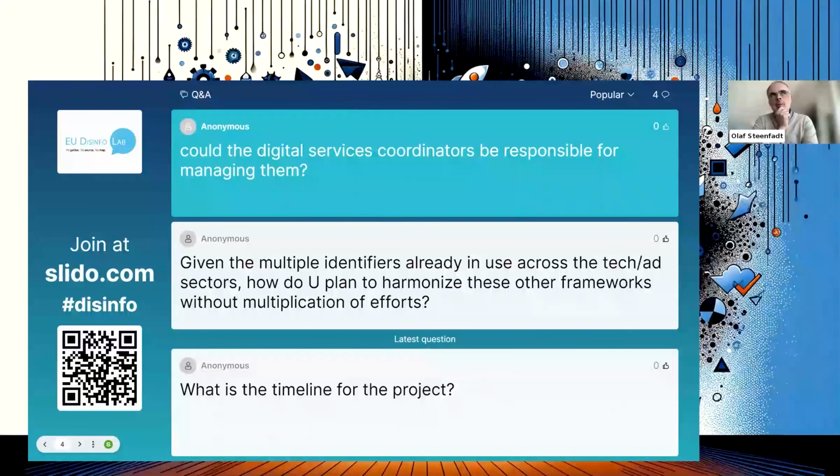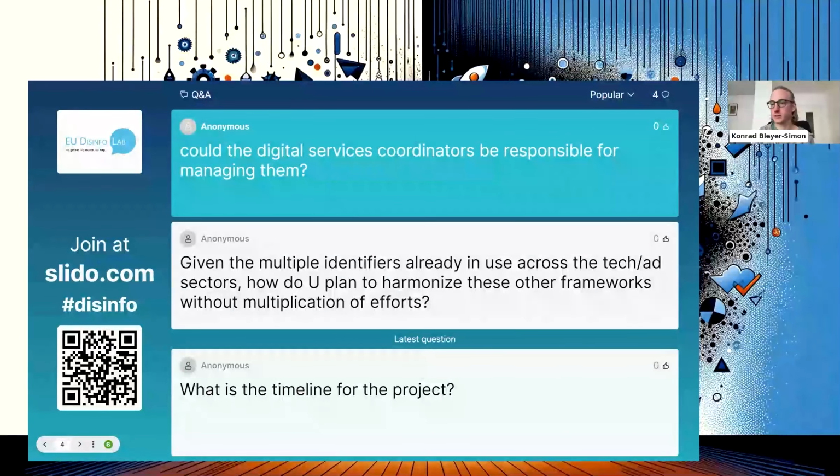And I'm not exactly sure because currently we see so many different models of digital services coordinators in different countries, in how it's being mandated, what the actual organization is that takes on this role. Like Konrad said earlier, most probably audiovisual regulators will be involved. Maybe not so much public authorities like ministries, I hope.